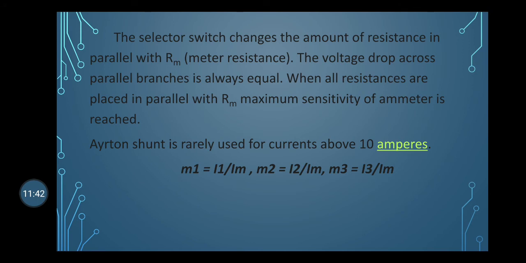Now the different meter multiplying factors can be obtained, that is M1 is equal to I1 by Im, M2 will be I2 by Im, and M3 will be equal to I3 by Im.